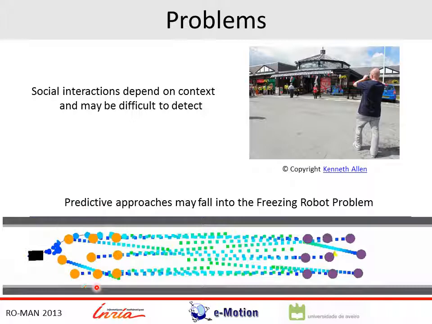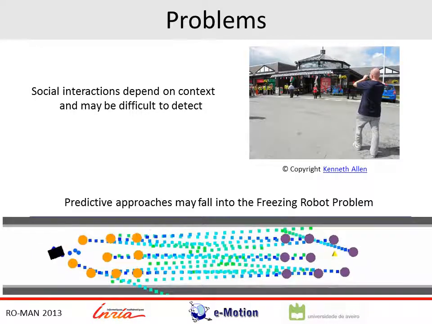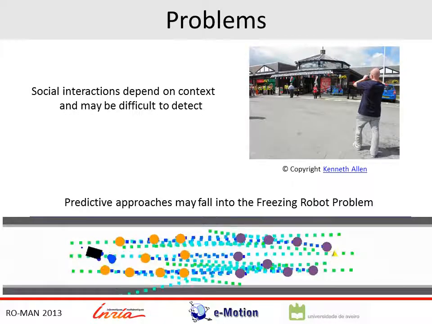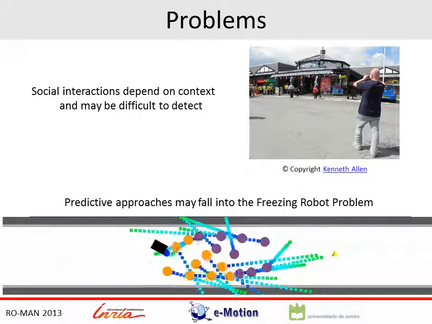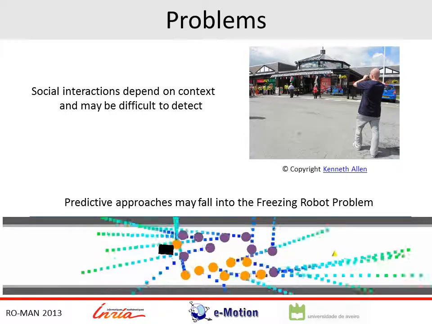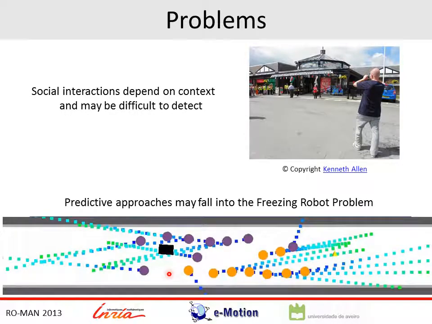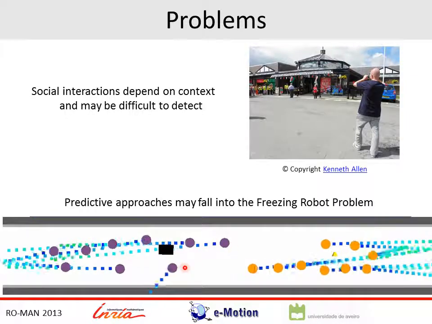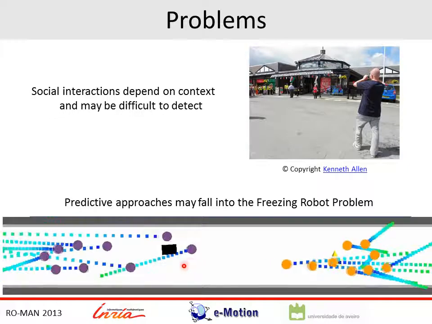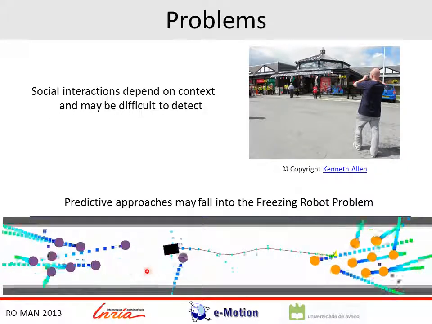Because this is a densely populated environment, at some point all the predictions of movements of these agents are going to fill the empty space of this corridor, and in this case the robot wouldn't be able to find a solution. So the robot managed to navigate until the environment got too dense and too crowded, and the robot could not find a solution anymore. So it has to stop until the environment gets a bit less populated, and only then does it manage to continue moving.